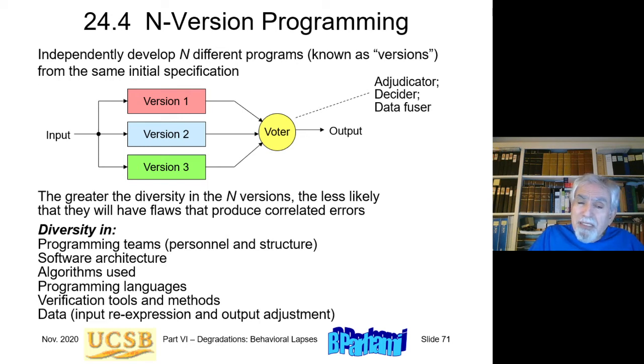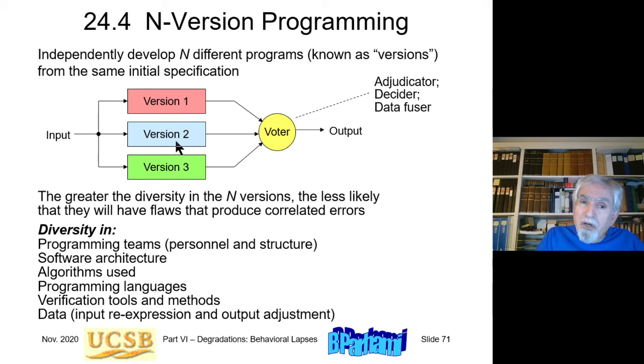So this is very similar to triplication and voting in the case of hardware, except that in the case of software, you don't want to do triplication, because if you take a piece of software, 3 copies of that exact same software will not be useful, because if one of them produces an incorrect result, the other 2 will produce the exact same incorrect result, so the voter will not be of any help here.